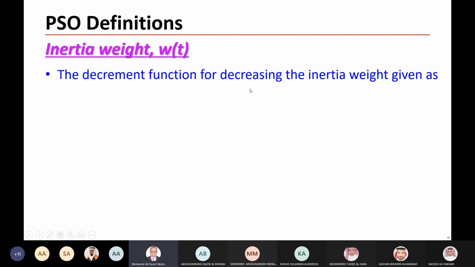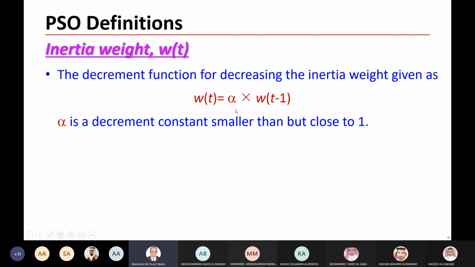The decrement function for decreasing the inertia weight is given as W of t equal to alpha multiplied by W of t minus 1, the earlier value of the inertia. The updated inertia equals alpha times the previous one, where alpha is less than 1 but very close to 1.